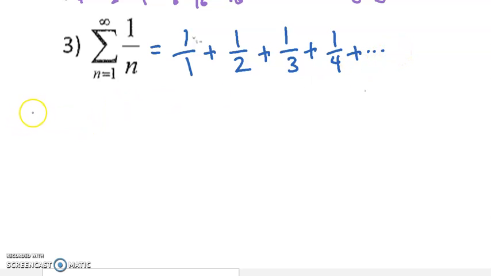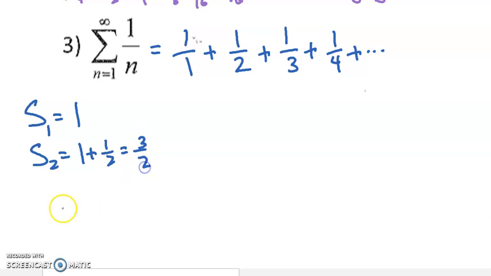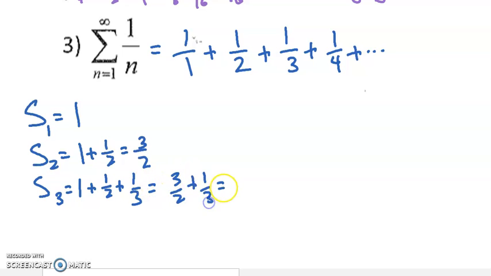When we look at these partial sums, we're going to look at s sub 1, which is equal to 1, of course, s sub 2, which is equal to 1 plus 1/2, which is 3 halves, and s sub 3 is 1 plus 1/2 plus 1/3, which is going to be something. It's going to be 3 halves plus 1/3, which is going to be 9 plus 2 is 11 over 6.